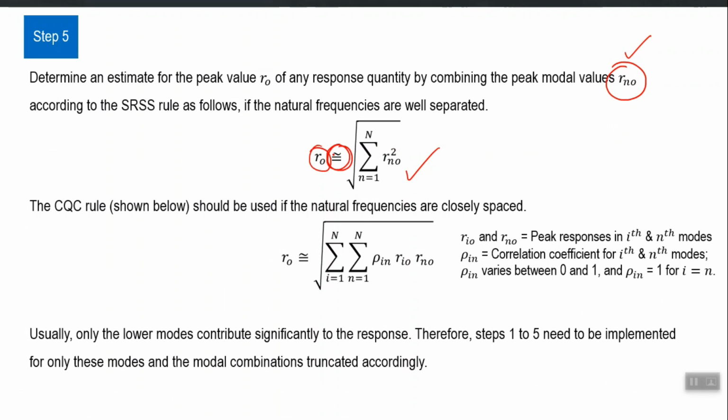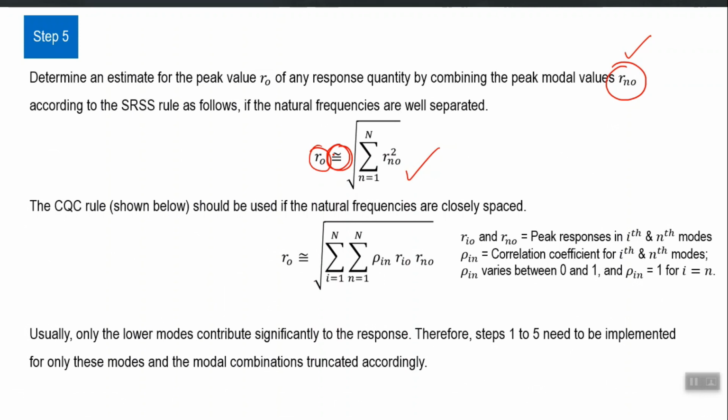In the modal RHA, since we have the time history for each response for the whole duration, we can directly stitch them. At each time instant we exactly know that this is peak, but this is not peak. So, we can directly stitch them to get the combined peak response, but here we only have peaks for each mode, we do not have the complete histories for each mode.